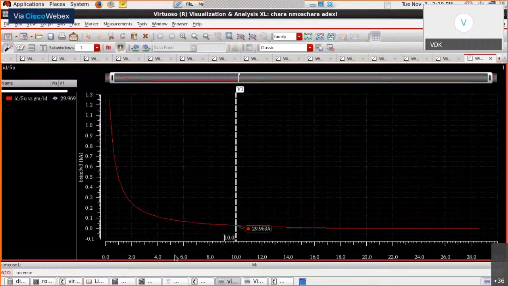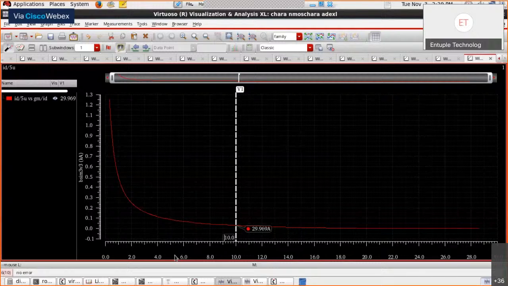So just to summarize, we now have supply voltage 3.3, RL is 5 kilo ohm. We characterized the MOSFET to generate all those small signal parameters of interest, and from that chose the value of GM over ID to be larger than the minimum required.